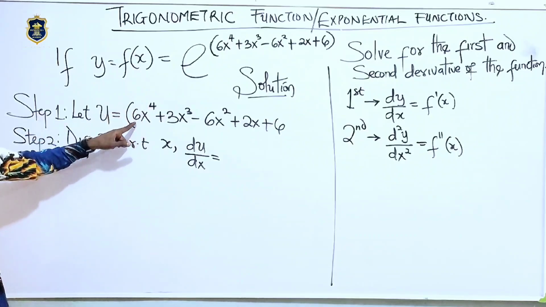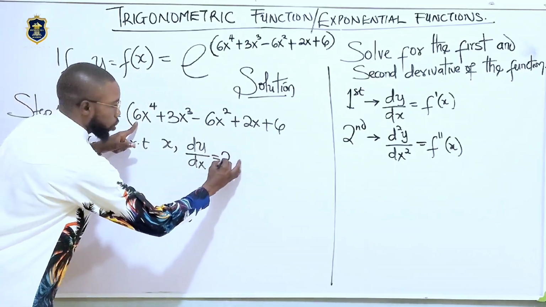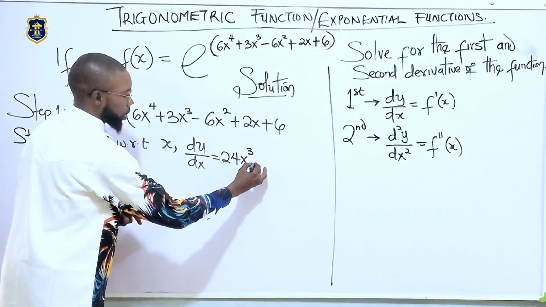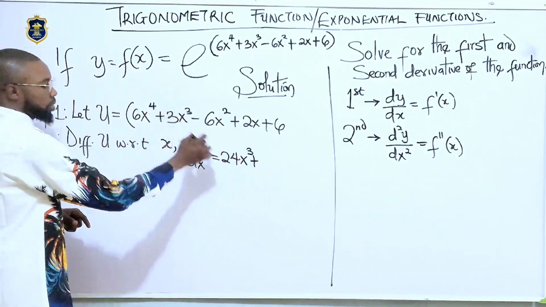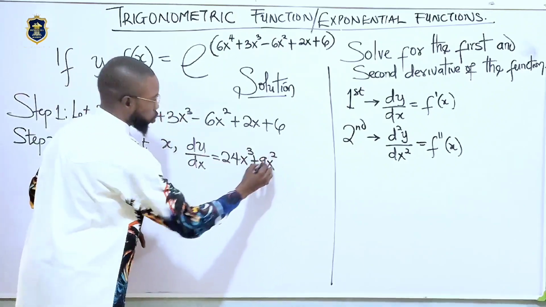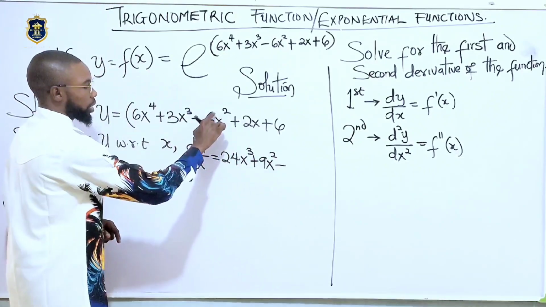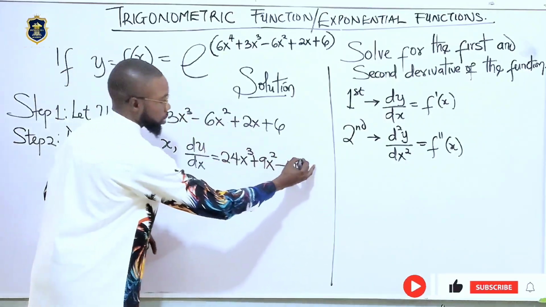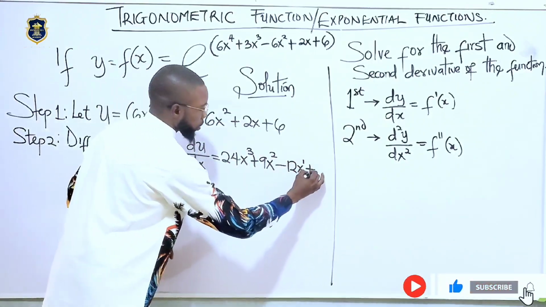It's 4 times 6, which is 24x, 4 minus 1, which is 3. And then plus 3 times 3, we have 9x, 3 minus 1, that's 2. Minus 6 times 2, giving us 12x, 2 minus 1, that's 1. And then plus 2x.